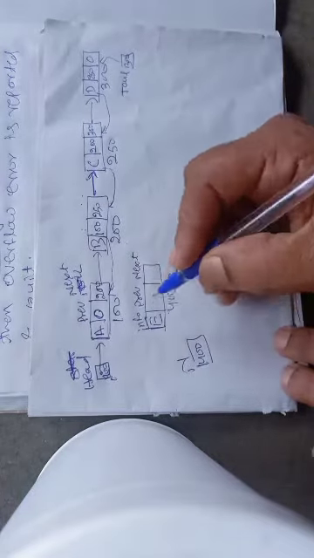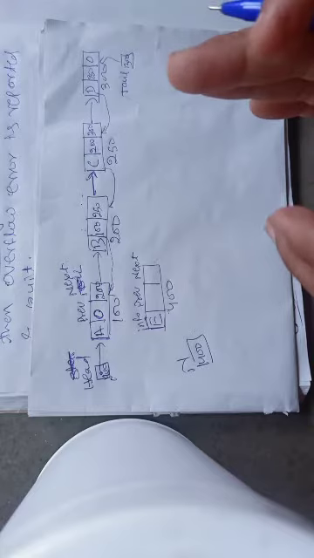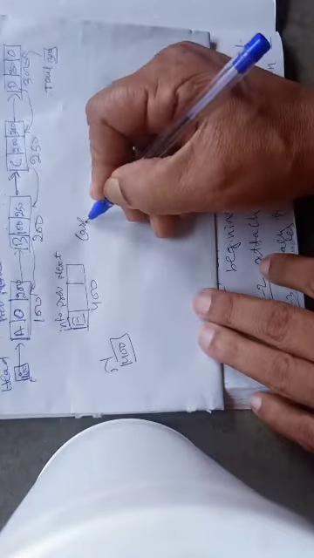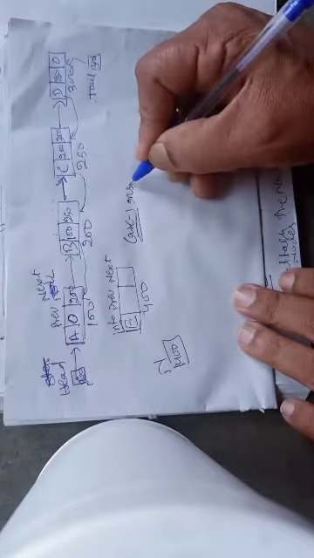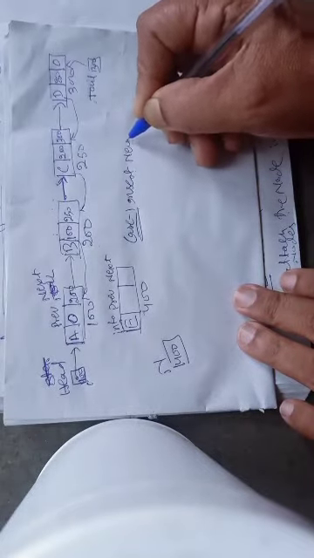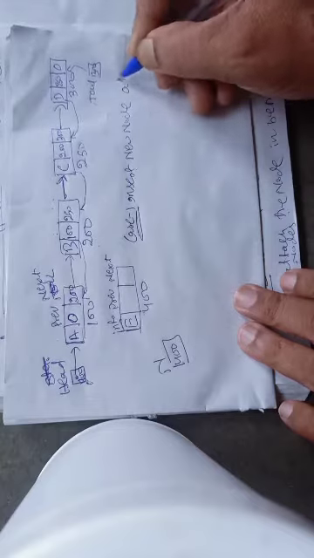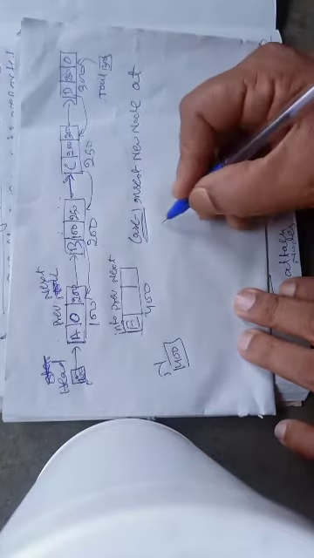Now for different cases, I have to make different assignments to the various pointer fields. For example, suppose I talk about case 1. Case 1 means insert the new node at the beginning.